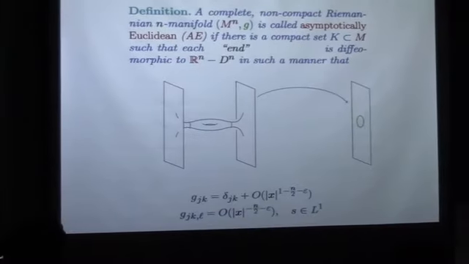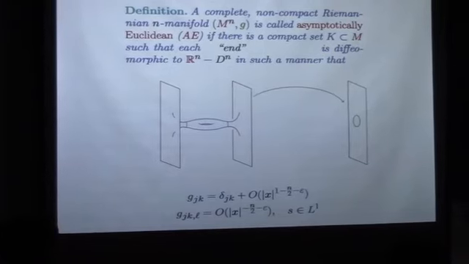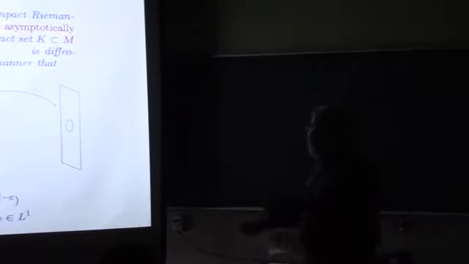So these are called the ends of the non-compact manifold. There's a more general notion of end, but here the key point is that the complement of a compact set looks like a disjoint union of Euclidean spaces with balls missing. And each of these things would be called an end of the manifold.